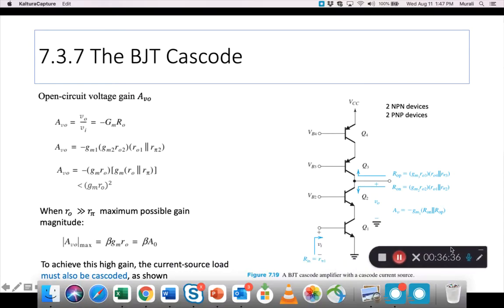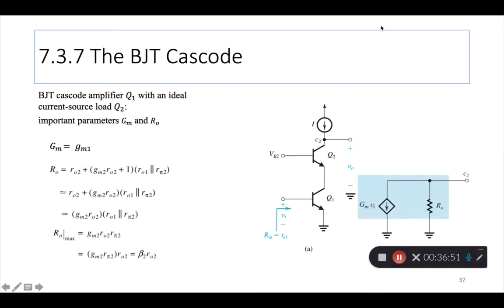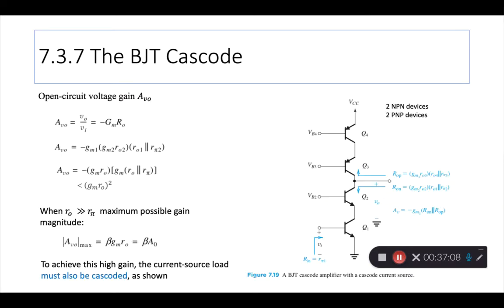Now let's look at the open circuit voltage gain, because that's what we are most interested in. Again, the same logic holds. Because your current source load BJT has lowered the gain, you now want to add cascoding.